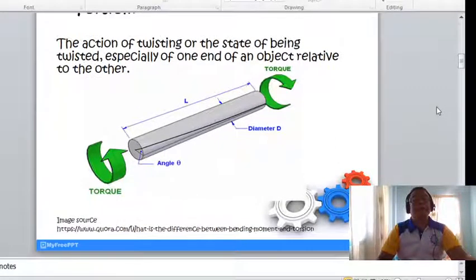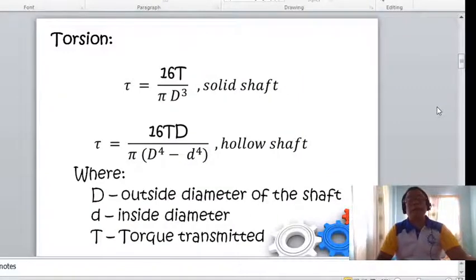The basic formula for torsion is, of course, 16T over pi d cubed.